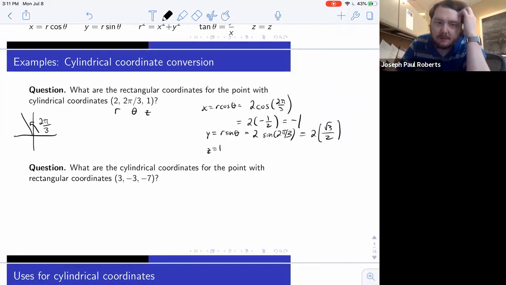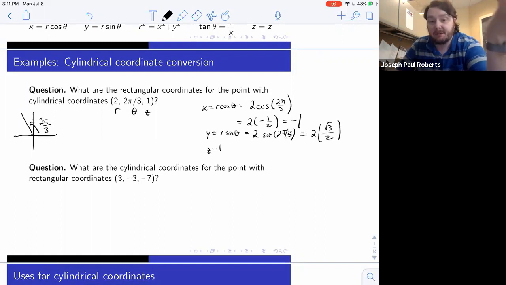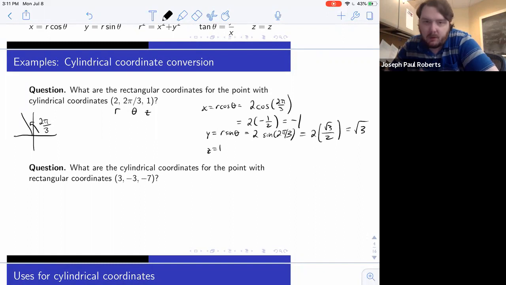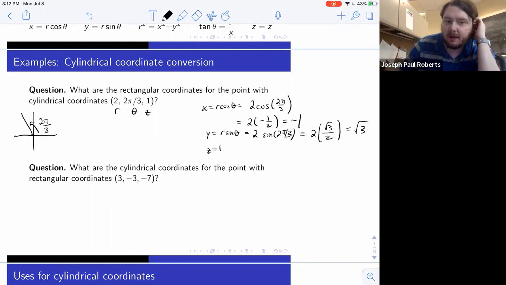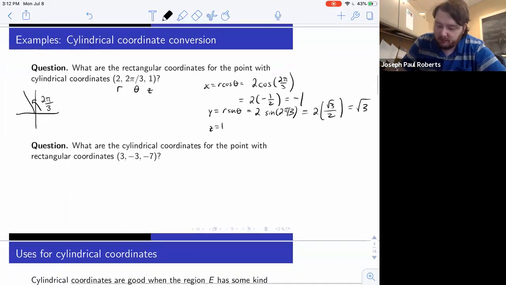Your reference angle is, again, pi over 3, but sine is positive in the second quadrant, so you end up getting square root of 3. So going from cylindrical to Cartesian, you just use x is r cosine theta, y is r sine theta, z is z.